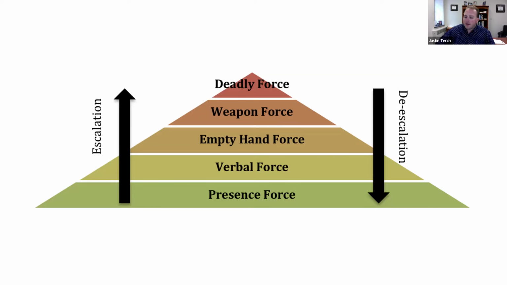At the very bottom of the use of force continuum is presence. When I was studying law enforcement, for those of you that are current or retired police officers, you know this well: officer presence, having a confident, calm, authoritative presence. The sight of your uniform sends a message. Just being there, showing up is a big deal.